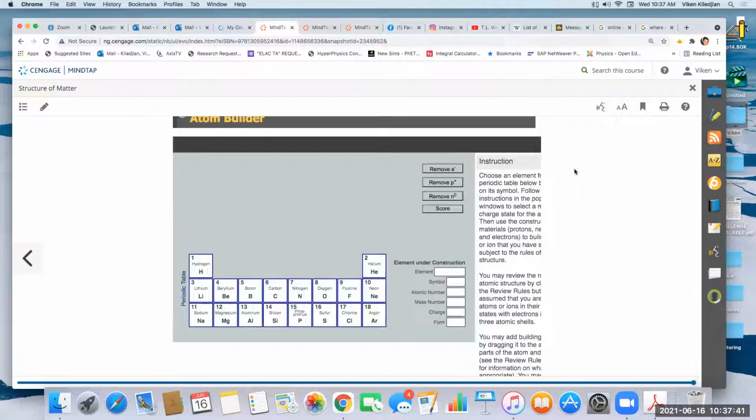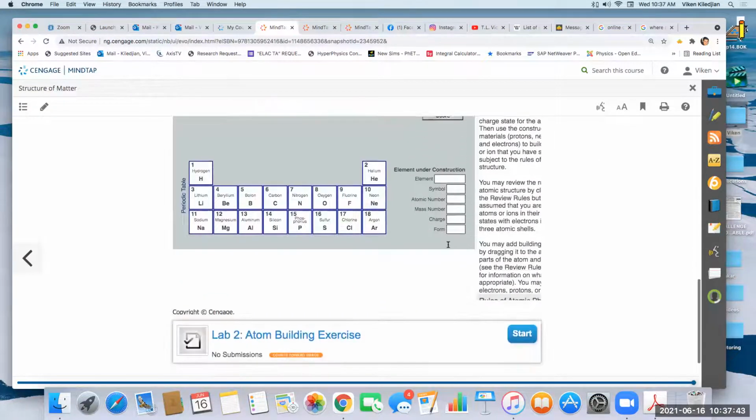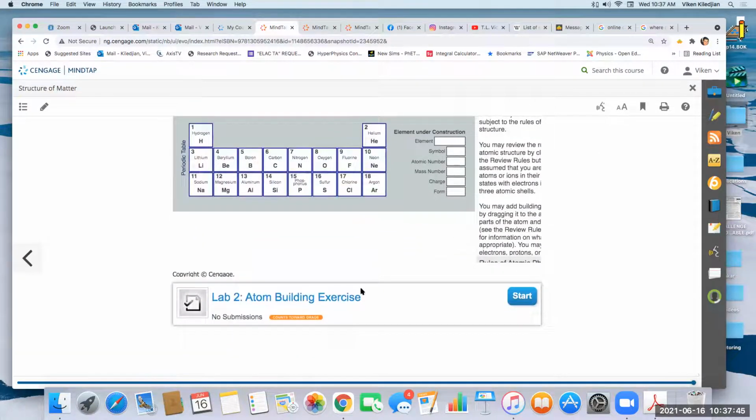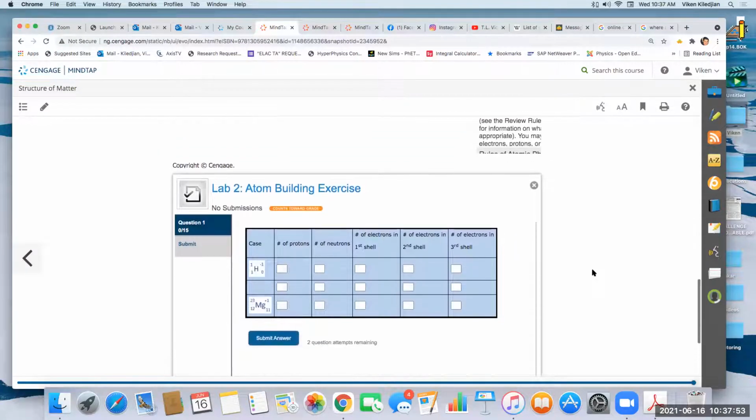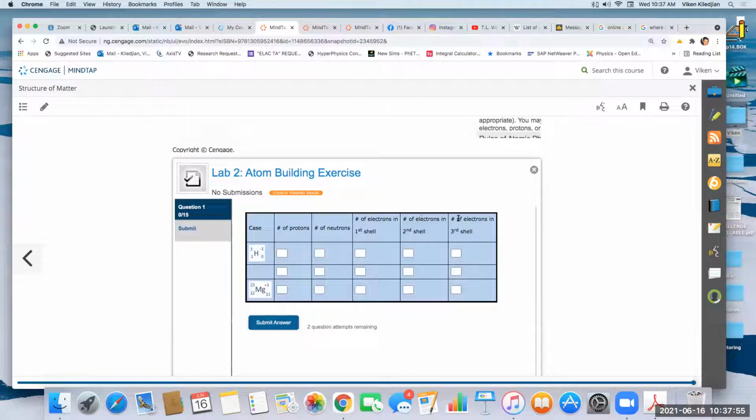So atom builder, and I believe this is just a practice one, but then the first atom building exercise is this one. So then start. Okay, now another table to make in your report. What are you supposed to do?